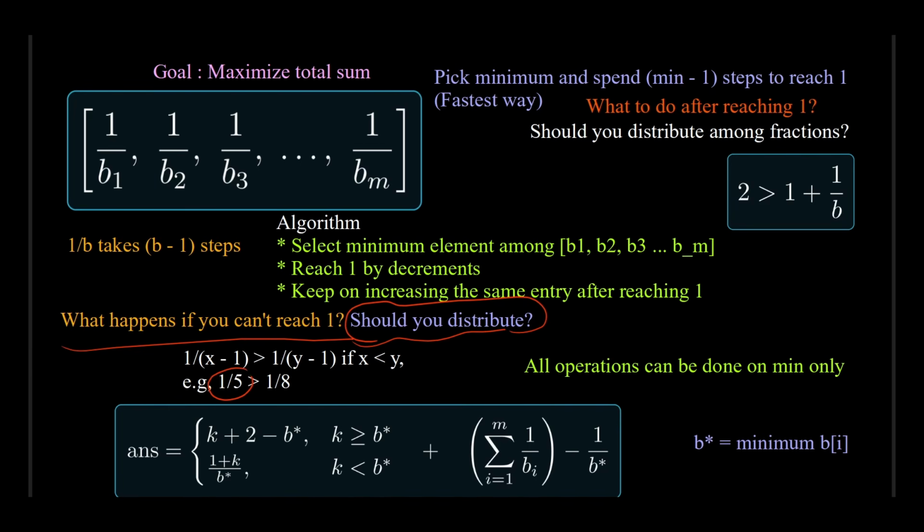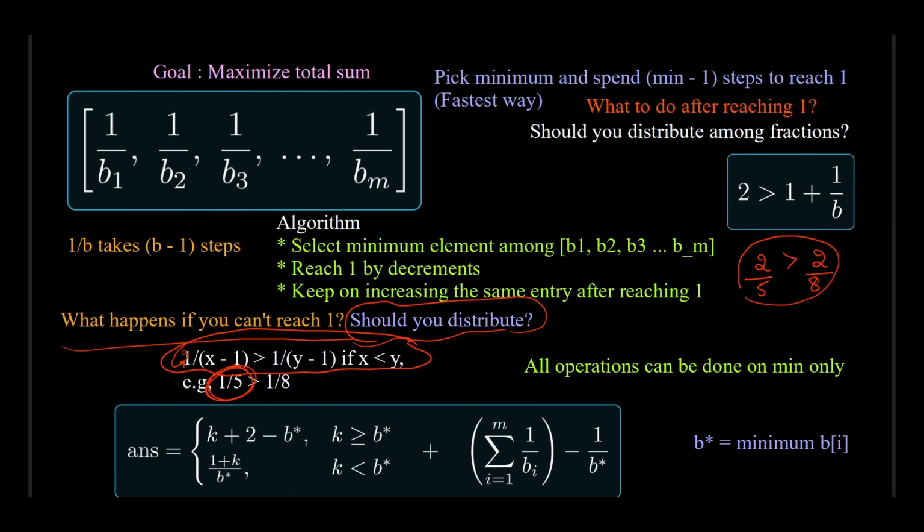So for example 1/5, and if you want to do the increments, then you can see that 2/5 will be strictly greater than 2/8, right? By the way, ignore this expression over here, because if we can't reach 1, then of course we won't be doing the decrement operation. So I should have compared 2/5 versus 2/8, but this inequality is still true, right?